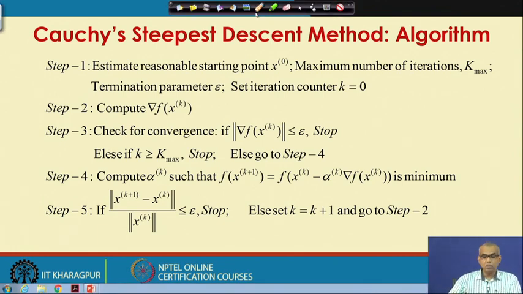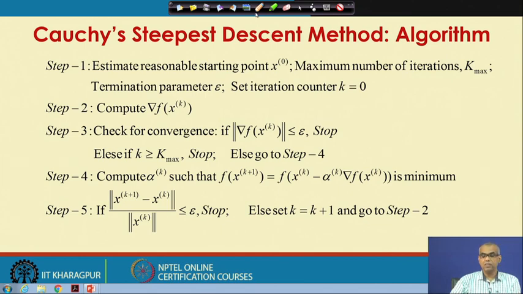Compute the gradient of the objective function at the given point. Let us say I am at kth iteration, so it is x k. We check for convergence by checking if the magnitude of the gradient vector is less than the small termination parameter epsilon or not.